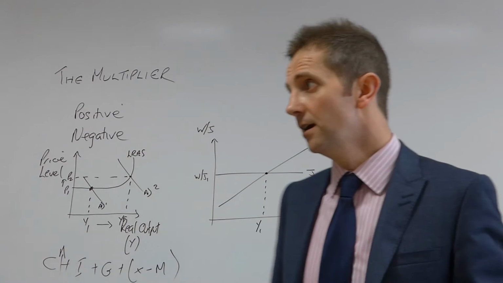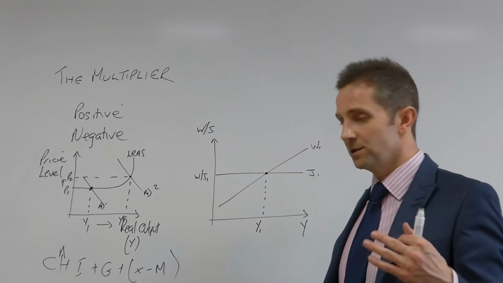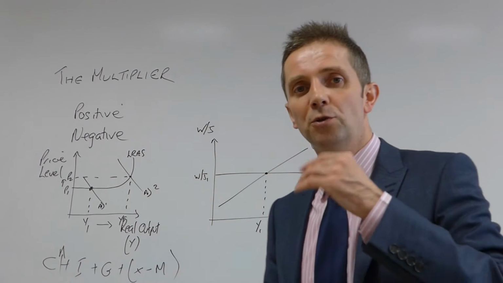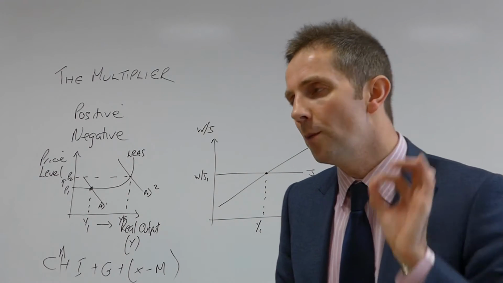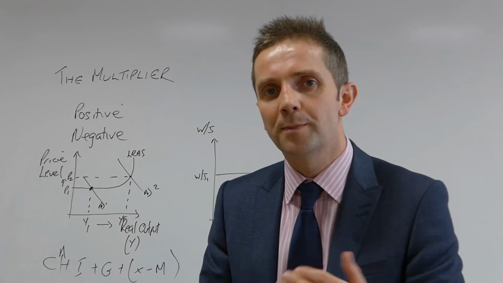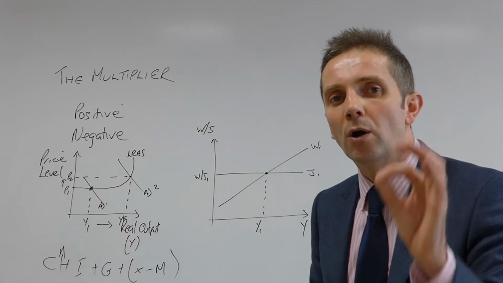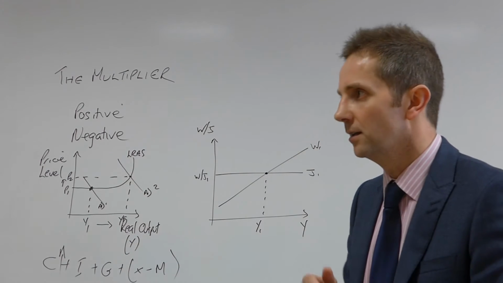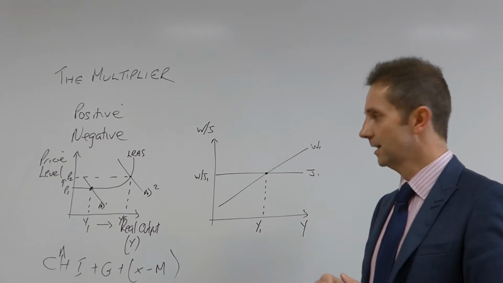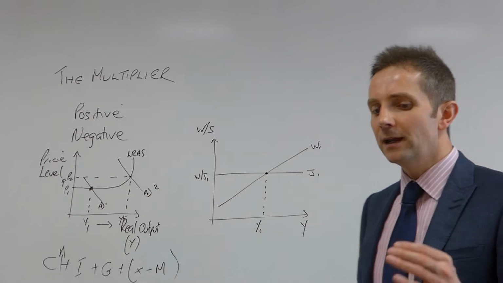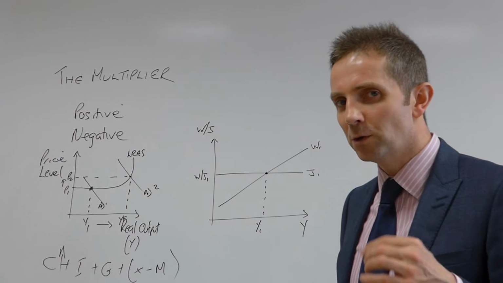And you might say AD shifts to the right as a consequence of the increase in consumption, which is true and accurate, but don't forget then to throw in a little comment to say this is enhanced by and supported by this positive multiplier process, given that you're injecting money into the economy and AD is increasing.